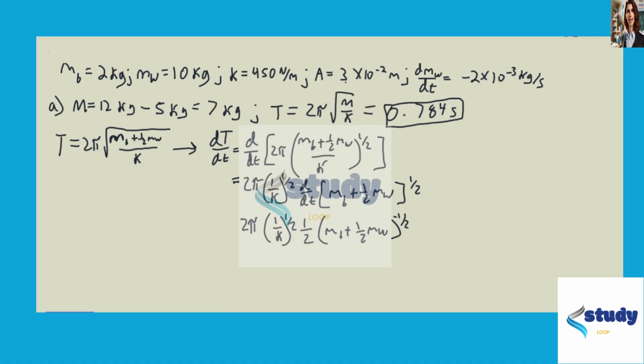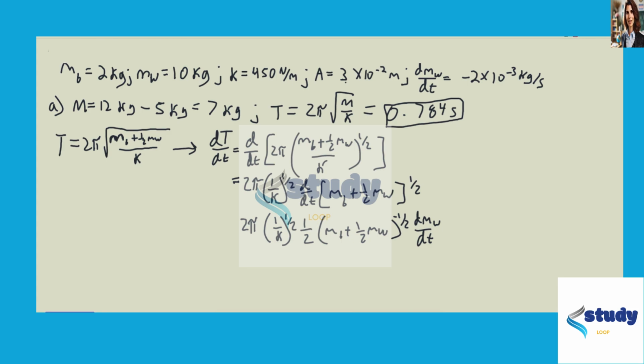Just the rules of differentiating an exponent. And then we have to do the chain rule. We have to take the derivative of the inside. The only thing that's changing with time is the mass of the water, so the derivative of the inside gives us dmw/dt.